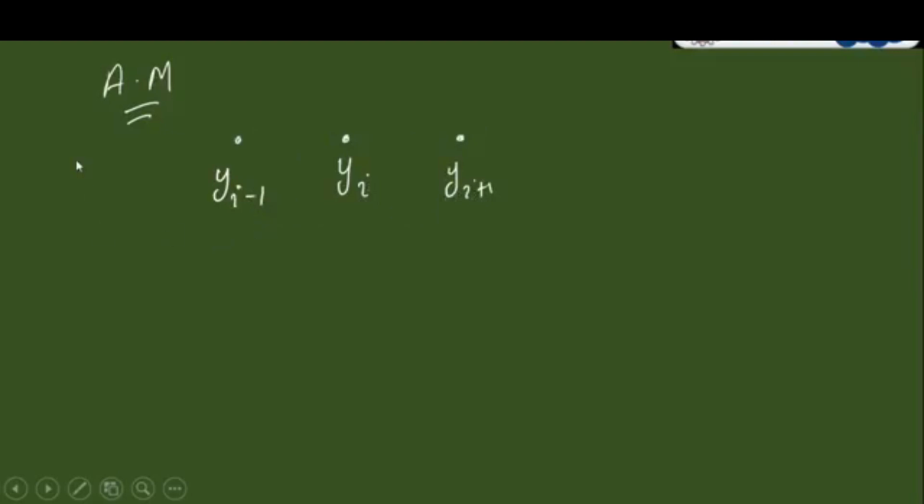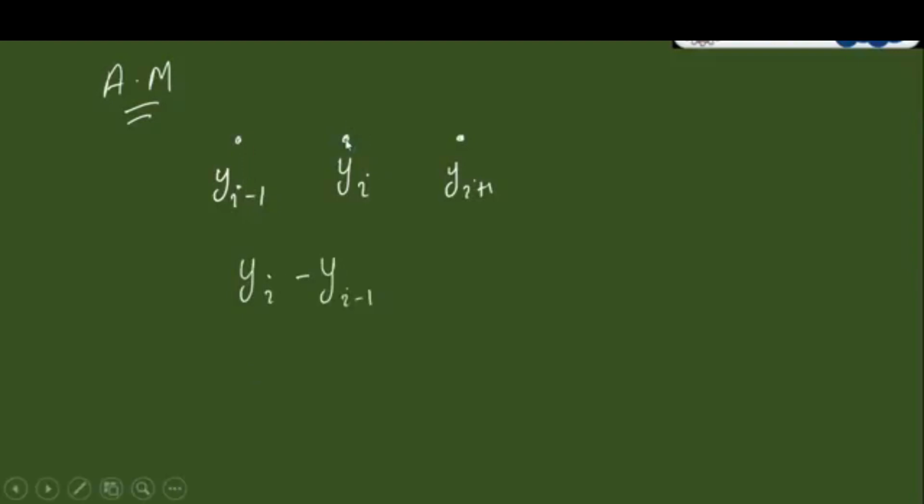Let's impose the definition of the arithmetic sequence. The arithmetic sequence says, if this is a member of the sequence, then its consecutive term is this one. So if you compute the difference of the consecutive terms, it has to be the same. Let's see what consecutive terms we have. Here, the difference could be defined as yi minus yi minus 1.